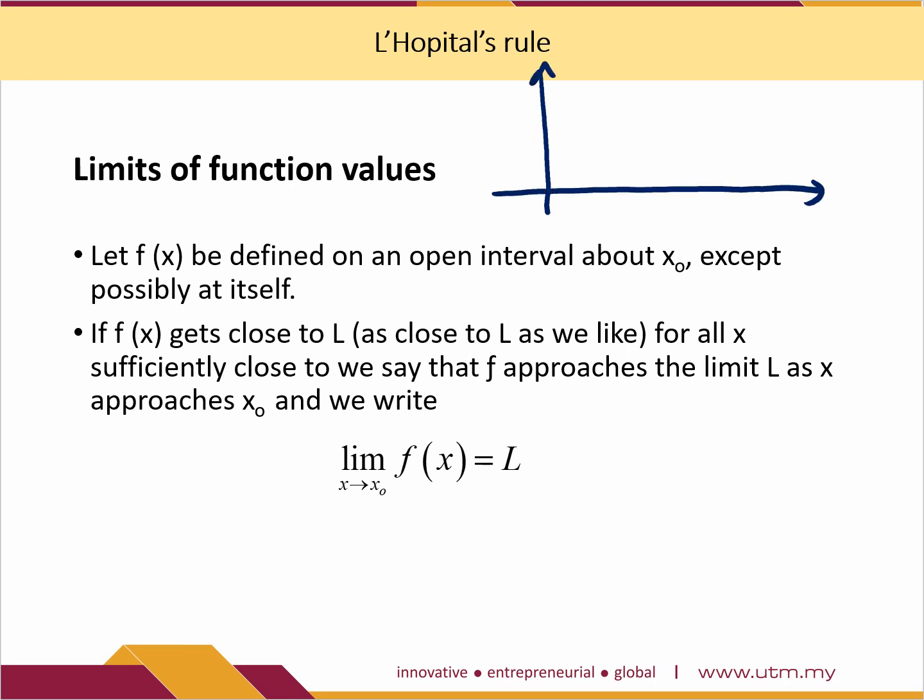Let's say we have a function of x, and given a point at x equals x naught, we have the point y equals L. Given this is our x-axis and this is our y-axis, as this function gets close to x naught, we can see that our function approaches the limit of L as x approaches x naught.